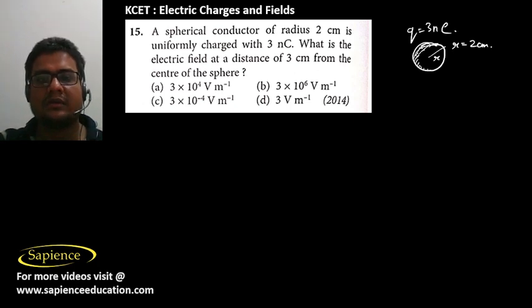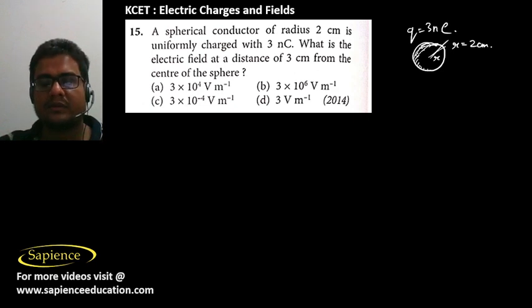What is the electric field at a distance of 3 centimeter from the center of the sphere? 3 centimeter means outside the sphere.